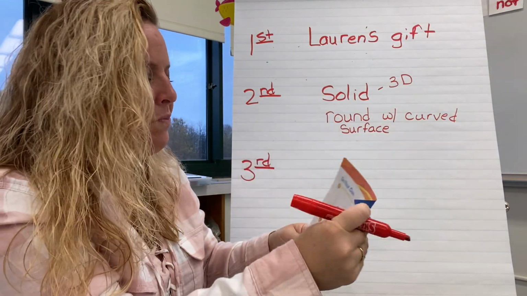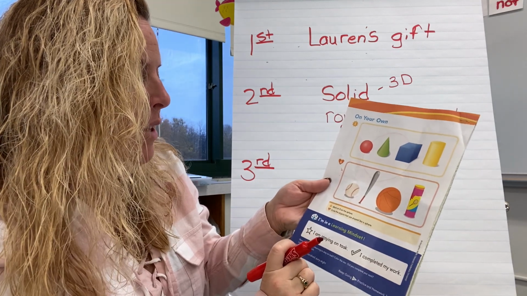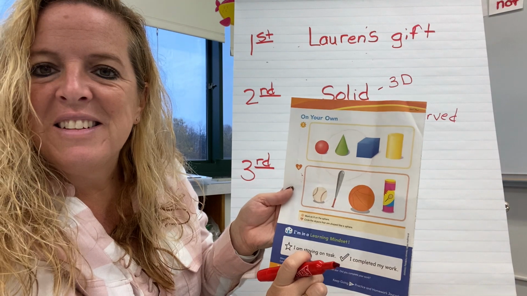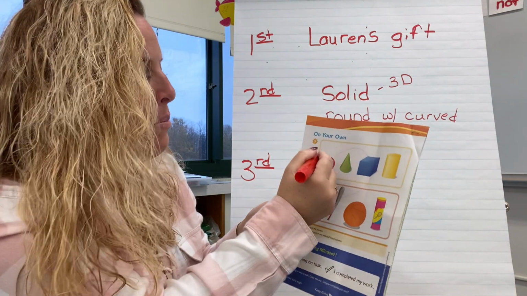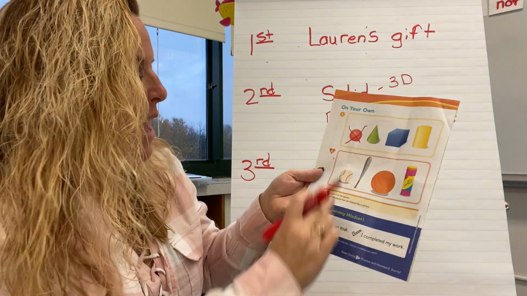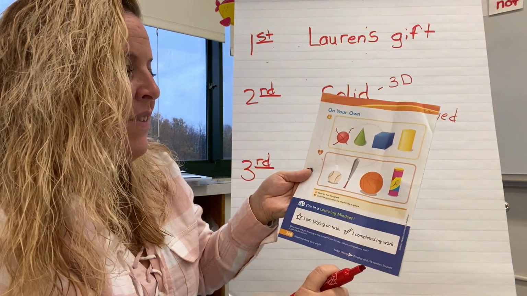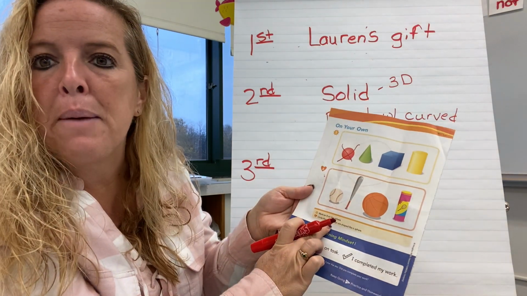Back page. Okay, let's look at my direction down at the bottom. For number 5, it says mark an X on the sphere. Did you find it? Which one did you put an X on? The ball. And number 6 says circle the objects that are shaped like spheres. So shaped like a sphere, and it says objects.